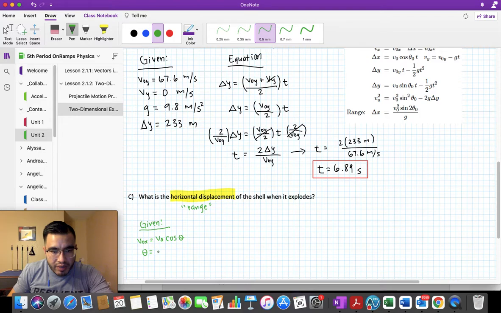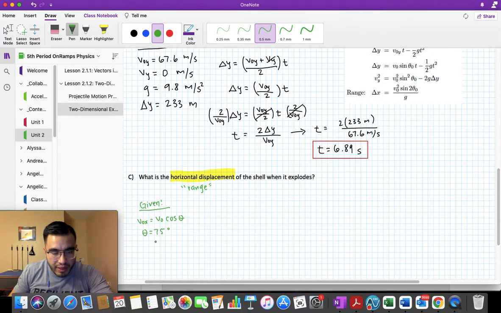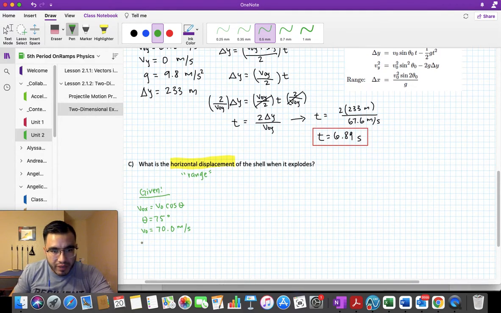Theta is 75 degrees, and v naught is 70.0 meters per second. So we can find v naught x.